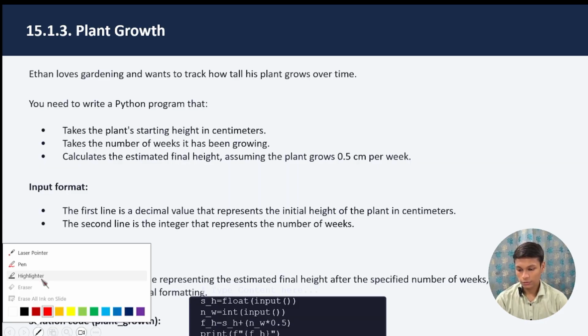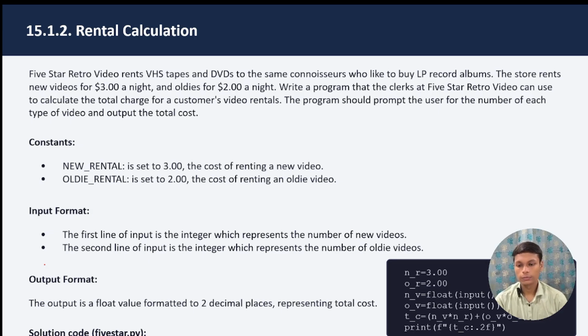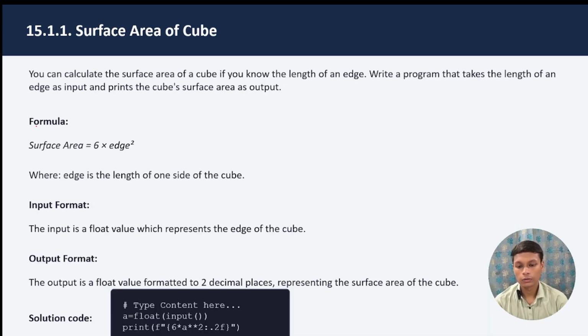So let's start with our questions. In another video we are going to cover if, else and elif. So let's start with our question. First is the surface area of a cube. How to calculate the surface area of a cube? This is our question.